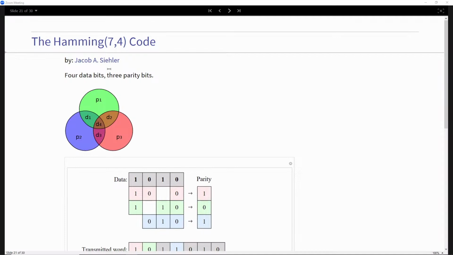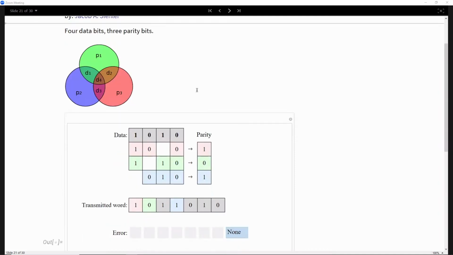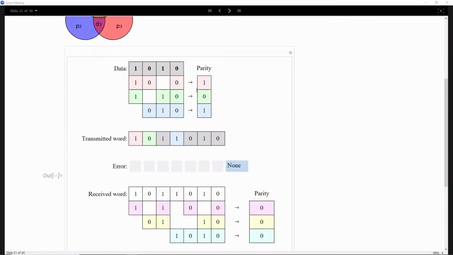Another thing we can do is to look at Venn diagrams. So we put data in the center parts of the Venn diagram, and then we add 3 more bits so that each circle has an even parity. And here's how it looks here.